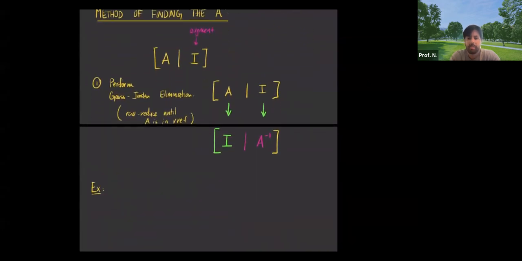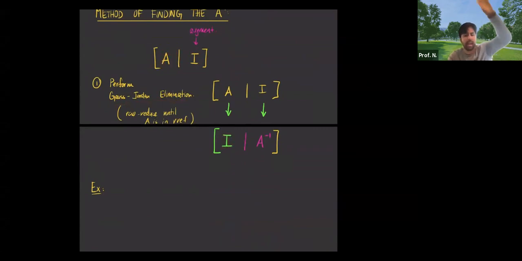So it sounds complicated, but yet it's not. To keep it simple, take A and augment it with the identity. Perform row operations upon it, Gauss-Jordan elimination, to make A into I, right? That's the whole point of row reduced echelon form.